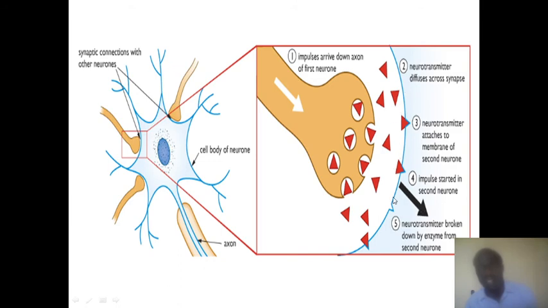And once they attach here, they generate an impulse in this postsynaptic neuron, and then the impulse will continue moving, as you can see the arrow. And once the impulse has been generated, this postsynaptic neuron will release chemicals or enzymes that will break down these neurotransmitters because they are no longer needed. And after being broken down, the materials are used again to generate new neurotransmitters.